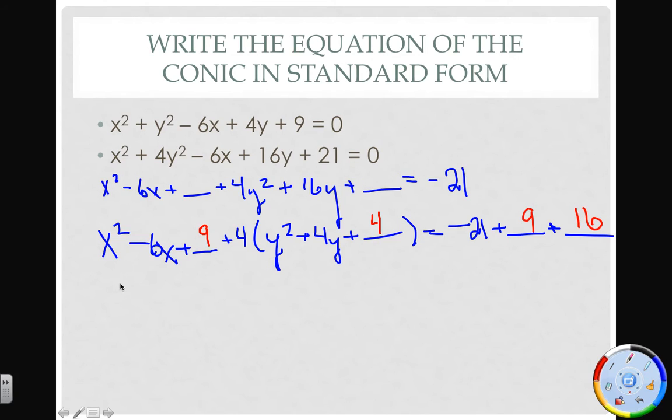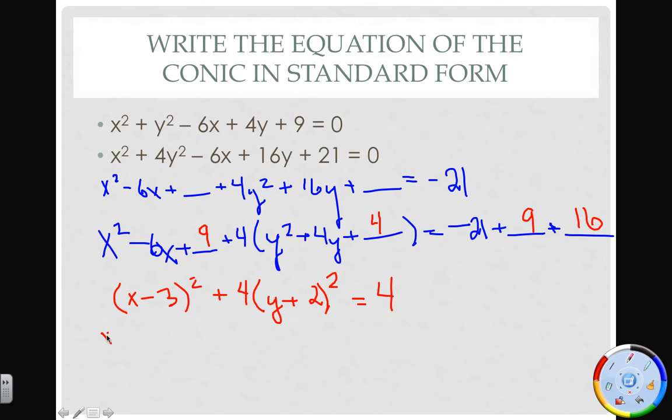Then I can factor. I get x minus 3 squared, just like before, plus 4 times y plus 2 squared equals, well, negative 21 plus 25 is 4. And because all of our equations have a 1 on the equal side, we have to divide everything by 4.